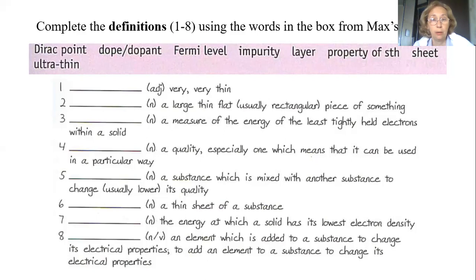It's the energy level which need to... Layer, слой, property of something, свойства какие-то. Sheet, list, and ultra thin, сверхтонкий, да? Ultra thin is very, very thin.